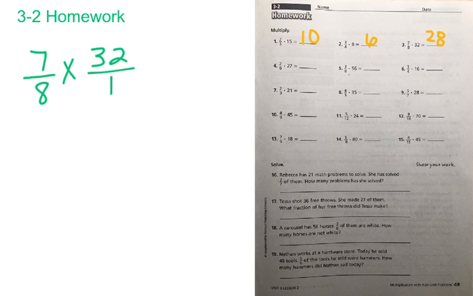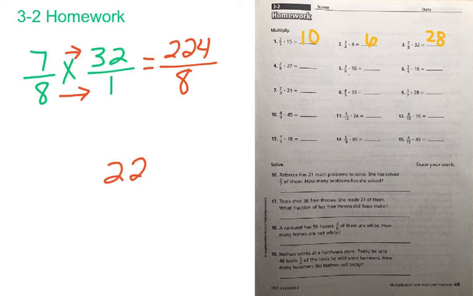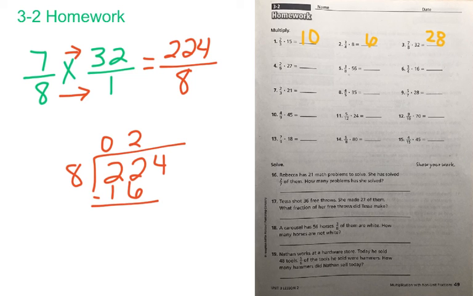If you were going to just multiply straight across here, and you were going to do it this way, it would be 7 times 32, and that's equal to 224 over 8 times 1, which is equal to 8. So what you'd have to do in that case then is figure out how many times can 8 go into 224 without going over. And so you can create a division problem here and figure out 8 cannot go into 2. 8 can go into 22 twice, which is 16, and then you can subtract.